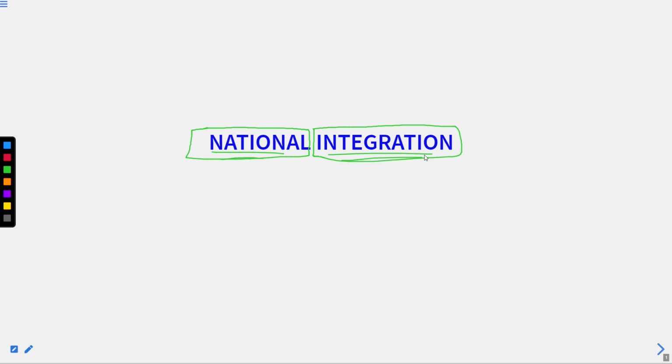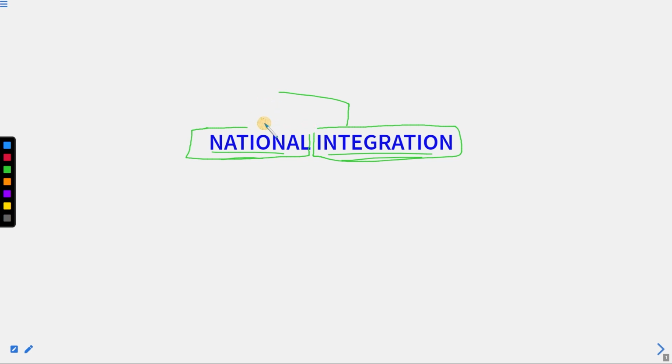And integration means we are talking about all these 1.3 billion people, all these 28 states, all these 29 union territories in a single frame that we could look upon, right? So that is national integration.